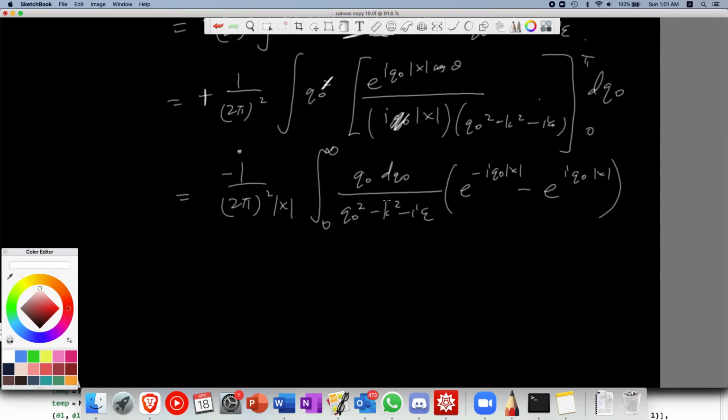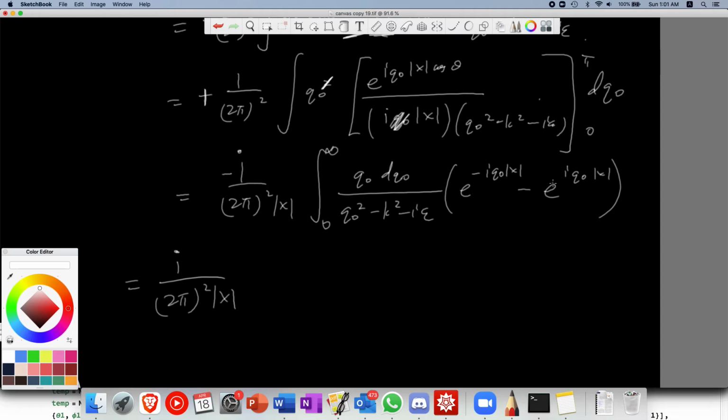Okay, so then how do we evaluate this particular integral? The first step is to do a change of variables. First of all, let's do I over 2 pi squared x.